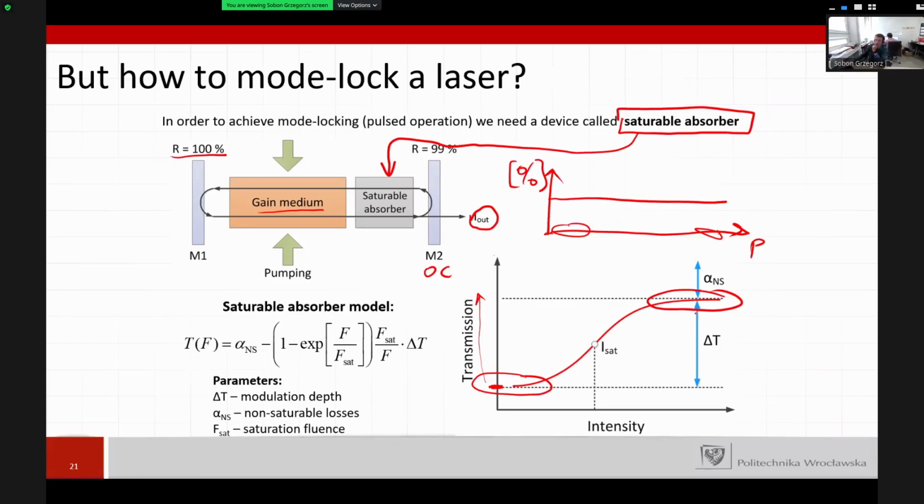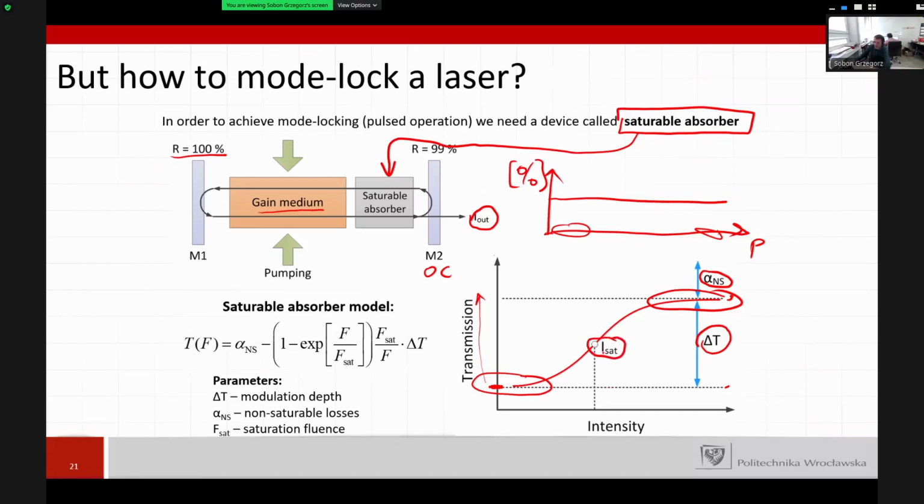And we define three main parameters of the saturable absorber. One is the modulation depth, here delta T, which is the difference between the on and off state, so the difference between the transmission at low intensities and the transmission at high intensities. The second parameter is the non-saturable loss, which is just the intrinsic loss of the material that we cannot saturate, and the saturation intensity.